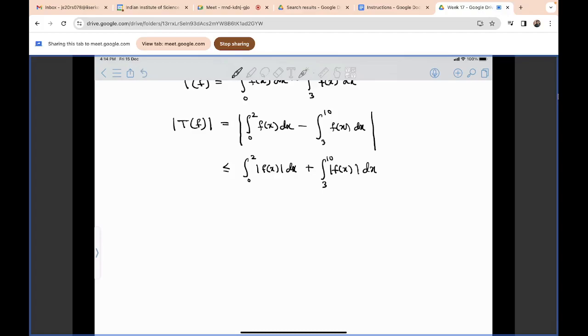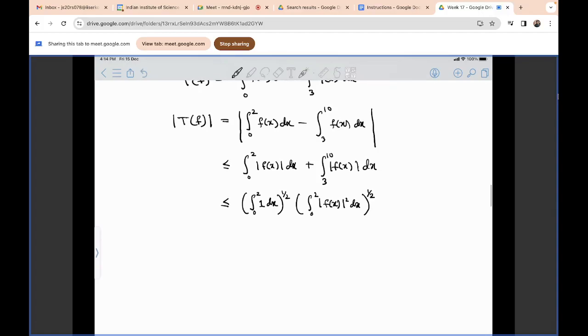So this is the triangle inequality. Now use Cauchy-Schwarz with the functions 1 and mod f(x).